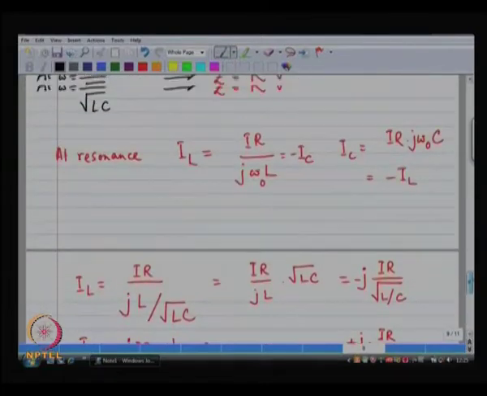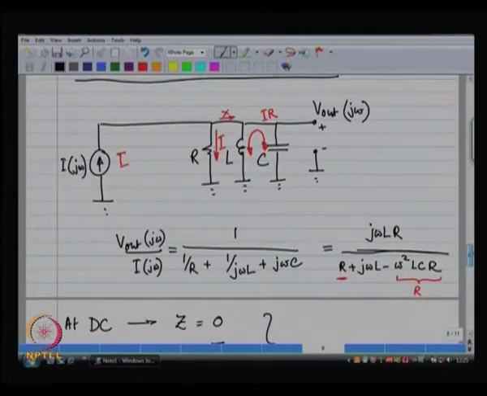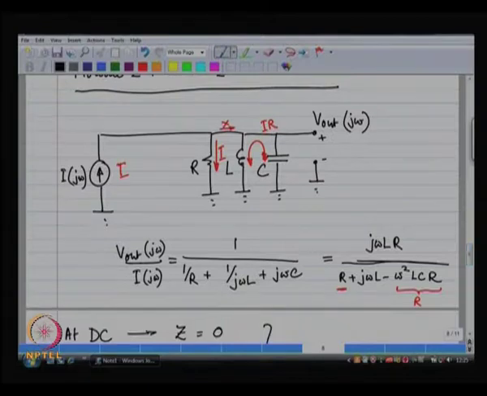what do we have here? We have I being pushed into the circuit, I flows through the resistor, but 100 times I flows through the inductor and flows through the capacitor. Now, that is something amazing, right. You start with a current I and you get 100 times I through the inductor and through the capacitor, right.